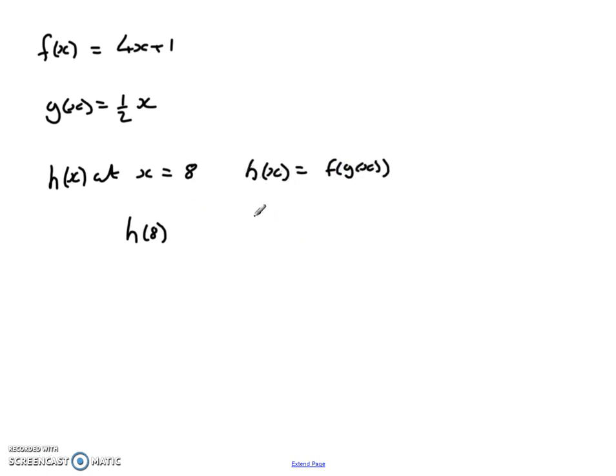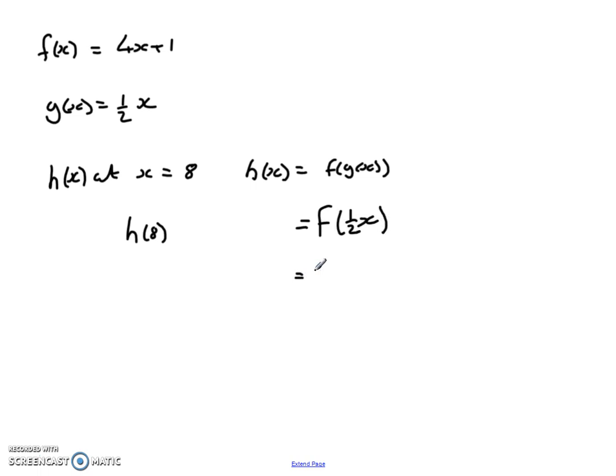Now, there is a couple of ways that this can be done. The first is, I can compose the functions and then substitute the value in, or I can substitute it in, then compose the functions. Now, the idea is that I should get the same value for each way. So let's have a look at that. So if I compose the two functions to begin with, f of g of x is the same as me saying f of a half x, because that's the form for g.